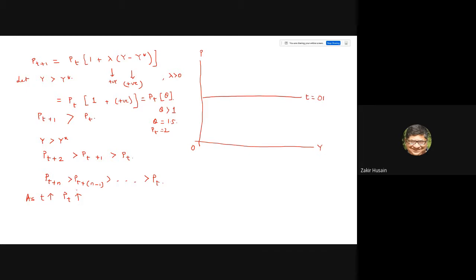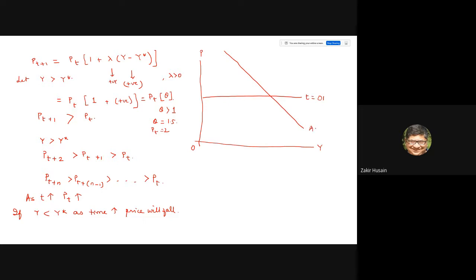The price is going up. And if you have the opposite, then what will happen? As time increases, price will fall.